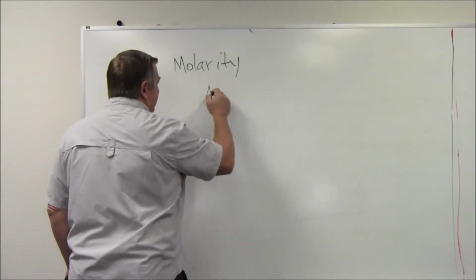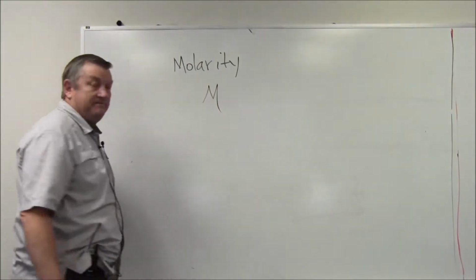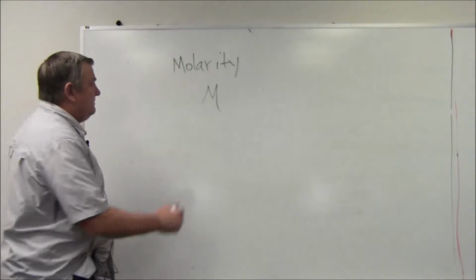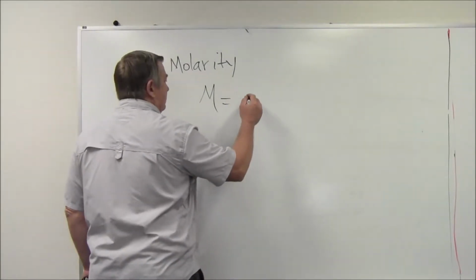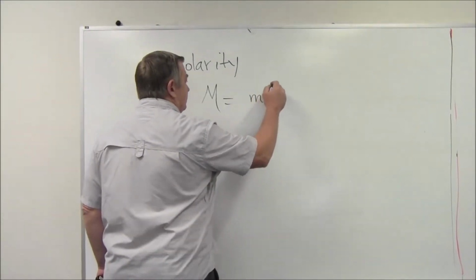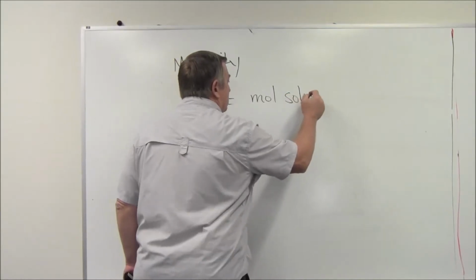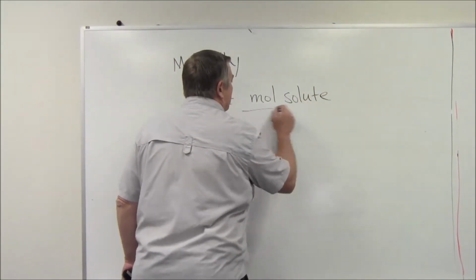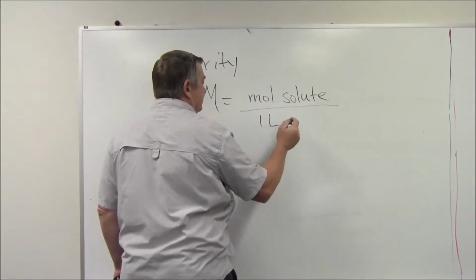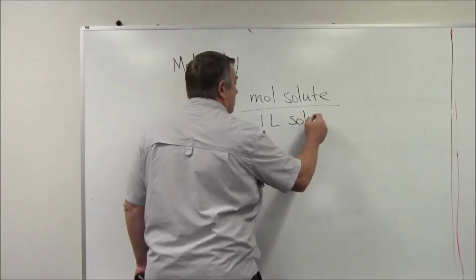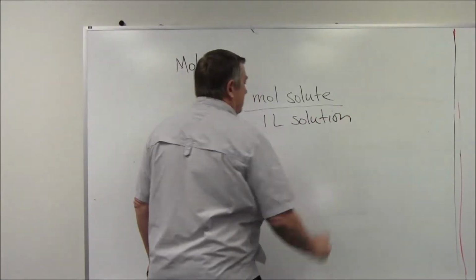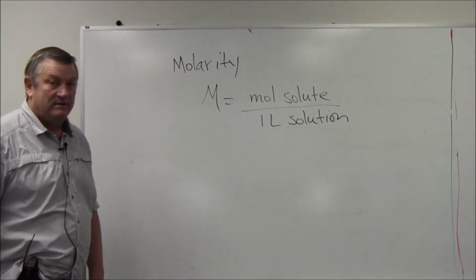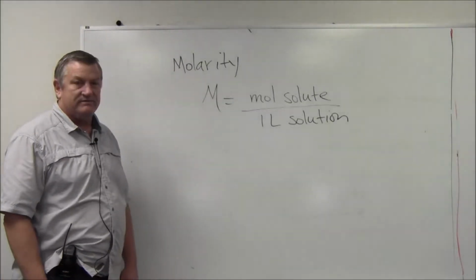And the way they write molarity, it's an italicized big M. And molarity equals, mathematically, moles of solute per 1 liter of total volume of solution. Okay, moles of solute per 1 liter of solution.